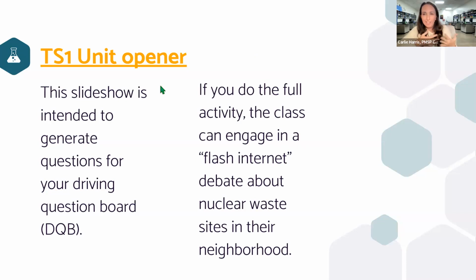So with the unit opener, the way that it's set up is to help give students the opportunity to develop these questions. So at the end of the unit, they can engage in a debate or a conversation related to nuclear technology.